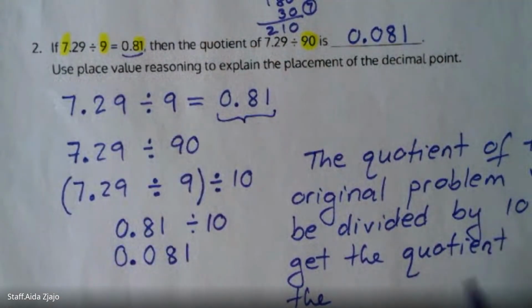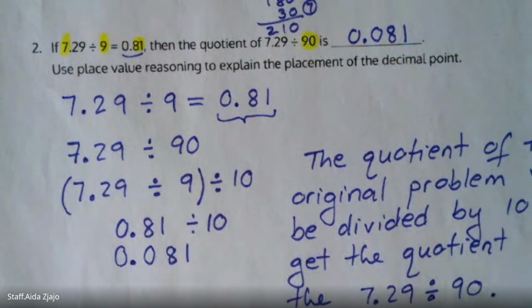Okay, the quotient of the original problem will be divided by 10 to get the quotient of 729 divided by 90.